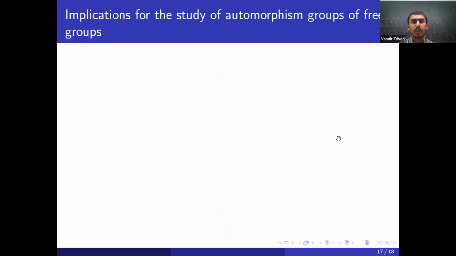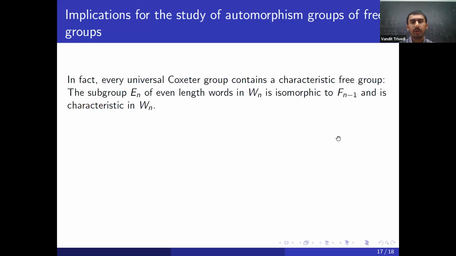And finally, a little bit on other free groups. This thing that we had with the even length words in a universal Coxeter group actually holds true for higher rank Coxeter groups as well. So the subgroup of even length words in a universal Coxeter group of any rank is isomorphic to F_{n-1} and is characteristic in W_n.